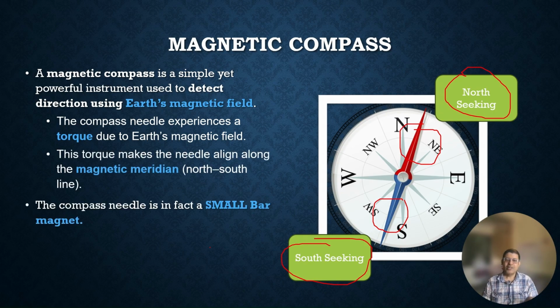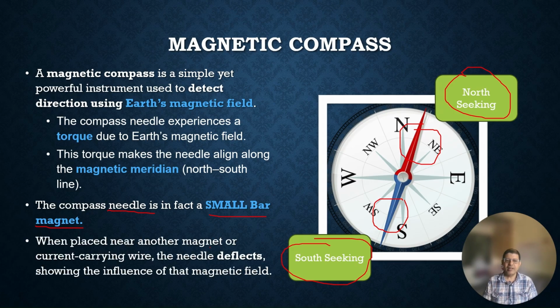Okay, so it is like a small bar magnet cut into the shape of a needle, right? So when you bring this particular magnetic compass near another bar magnet, you will see that the magnetic compass also gets deflected. Due to the Earth's magnetic field, it will also get deflected, showing the direction.